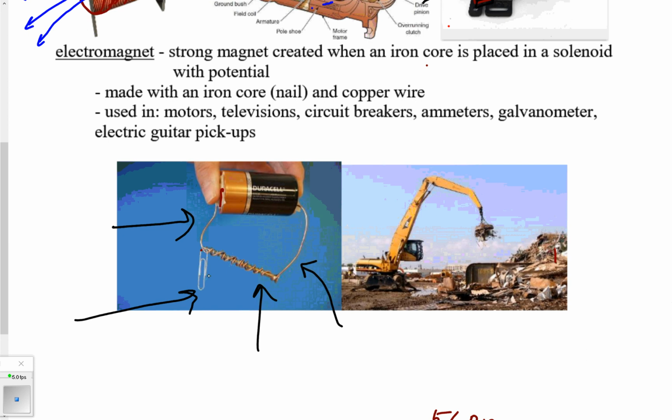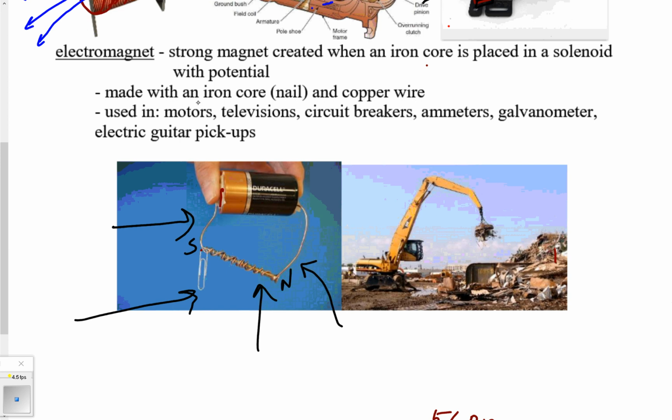Remember, you make a coil connected to a source, it makes a magnetic field, and that magnetizes whatever is inside of the coil. The more coils, the stronger the field you can create, and the stronger the magnet you're going to be able to create. And so you would end up with a north and south pole on this electromagnet.